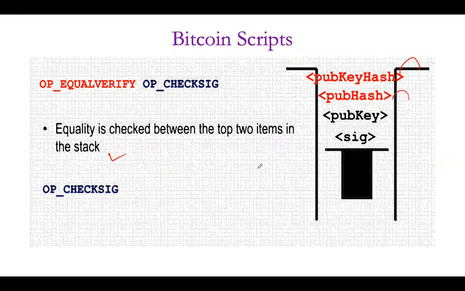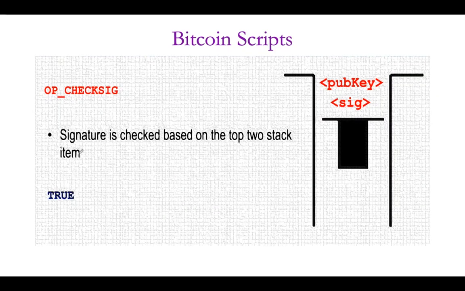When they are matching, it will give the result true. When they are matching, the signature is checked based on the top two stack items. If they are matching, it gives true. If they are not matching, it gives false.